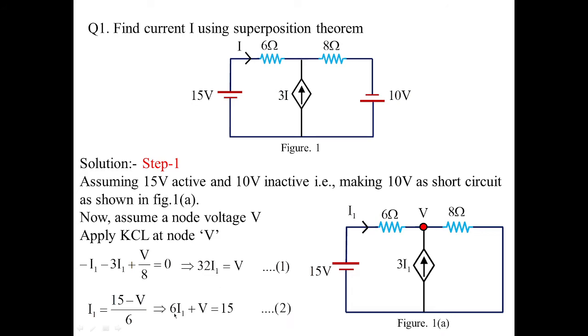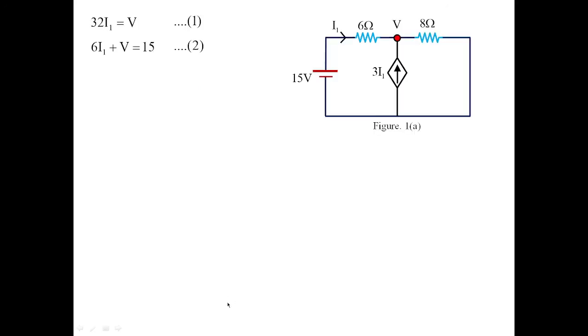Here you can see the simplification is done: 6I1 plus V equal to 15. With these two equations I get 38I1 is equal to 15. Later on, I1 is equal to 0.39 amperes. So this is one result, which is because of 15 volts active.